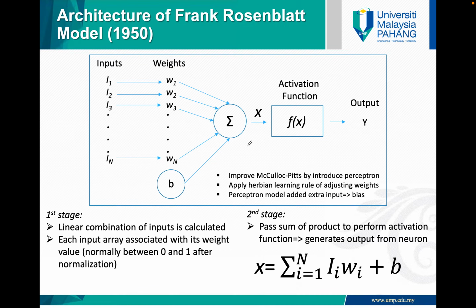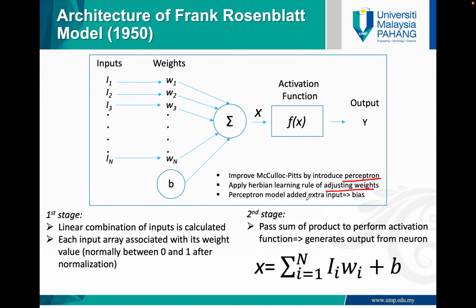So this model tries to improve the McCulloch and Pitts by introducing the perceptron. For this model, they apply a Hebbian learning rule of adjusting the weight. The previous one didn't adjust the weight. Whatever the weight is, they just calculate it. This one, they adjust the weight.